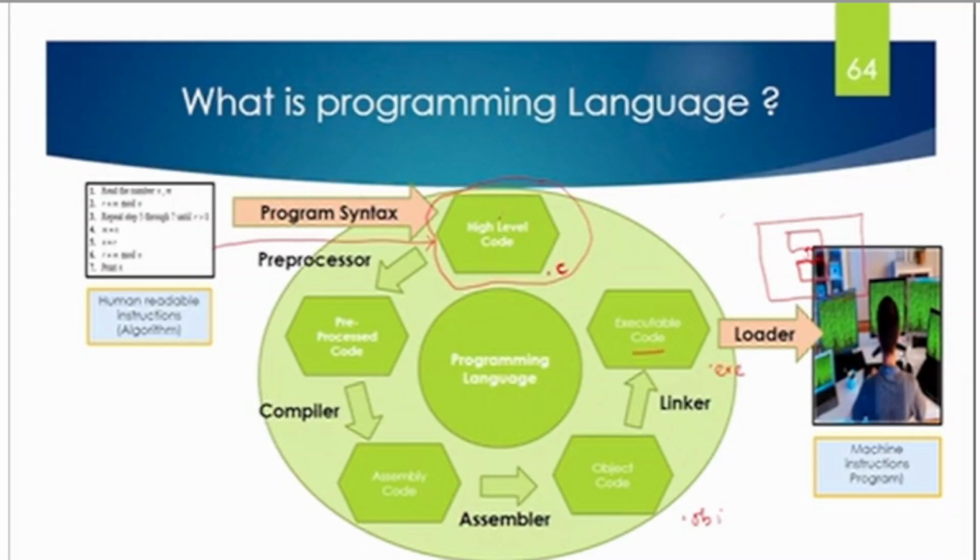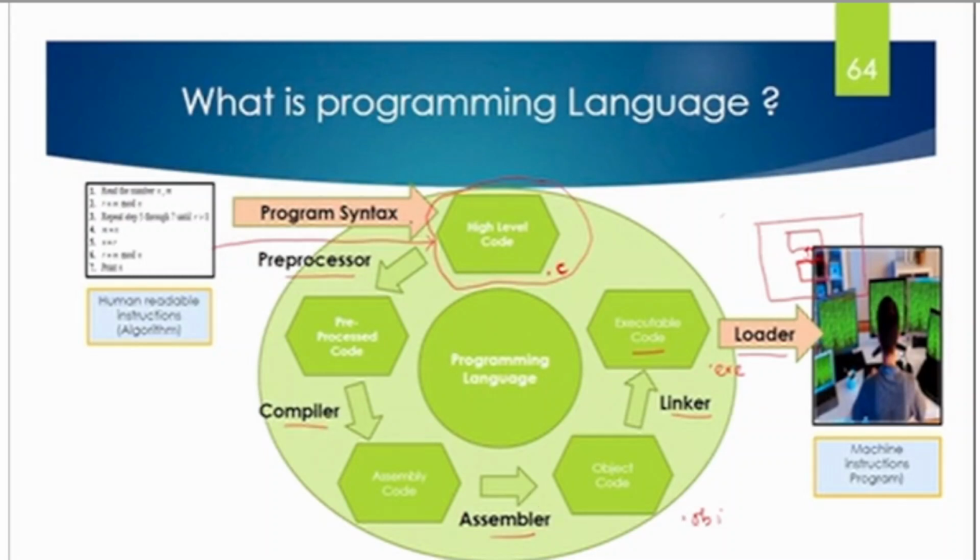But apart from this, all the other things, that is preprocessor, compiler, assembler, linker, loader, are the responsibility of the C programming language itself. When we installed C software on our machine, we actually installed all these things: preprocessor, compiler, assembler, linker. These are called system software.